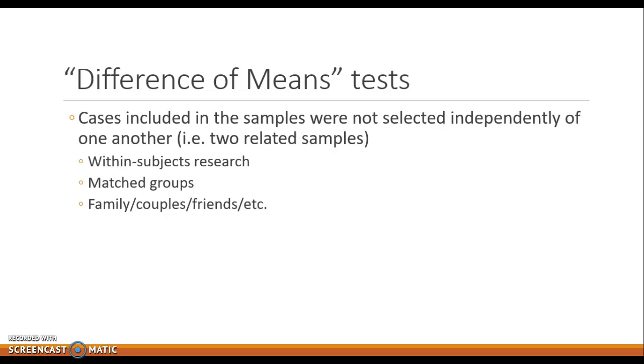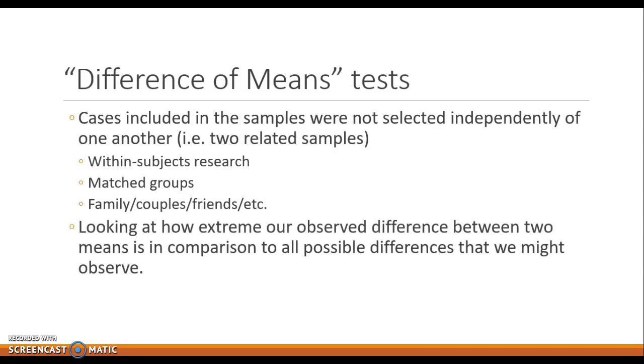And so what we're trying to do here, to determine whether or not the difference between these two means is significant, is look at how extreme our observed difference between the two means is. And then we're going to compare that to all the possible differences that we might observe. We're back to talking about what we talked about in prior chapters.